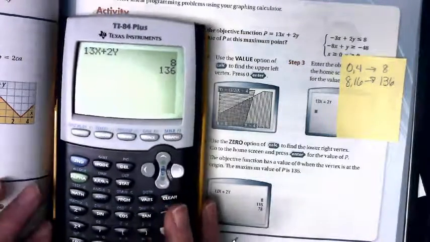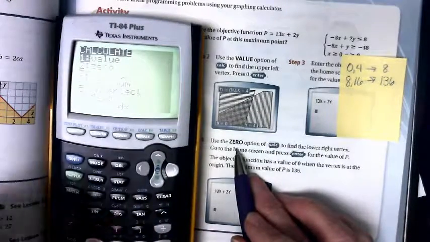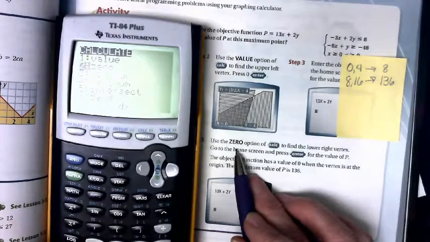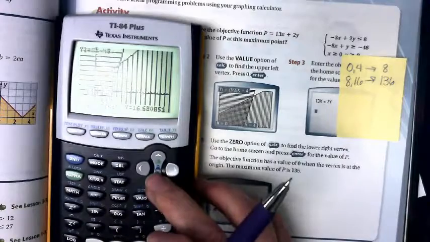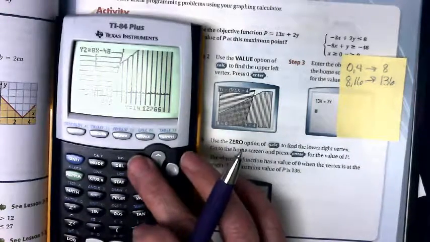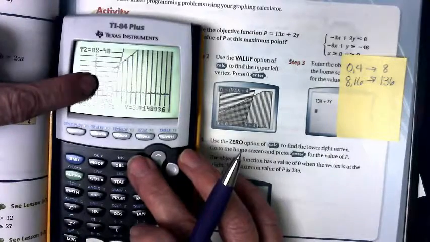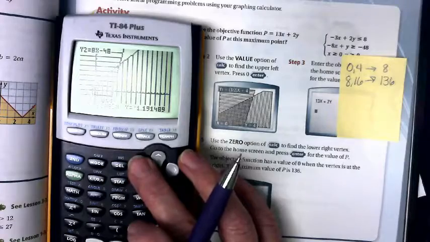So I am going to go to second calc. I'm going to go to 0, and I am going to find the lower right vertex. And I can see a cursor is flashing, so I'm going to try to go down towards that. It says left bound, so I'm probably going to go one more.